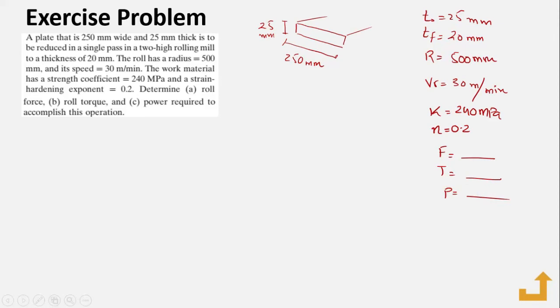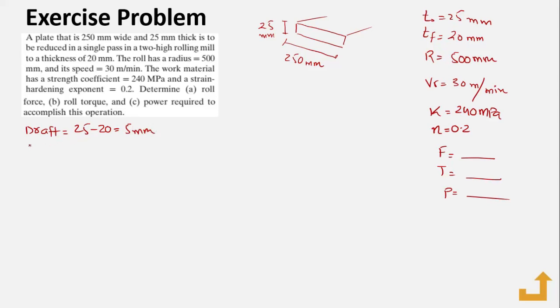So again, the first and foremost step, calculate the draft that is required. The draft that is required is 25 minus 20, that is 5 millimeter. This is the total reduction that we need to produce in the slab.